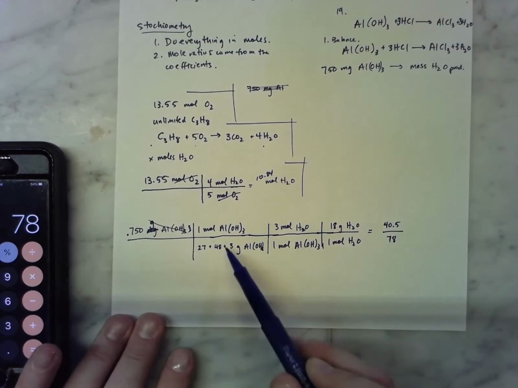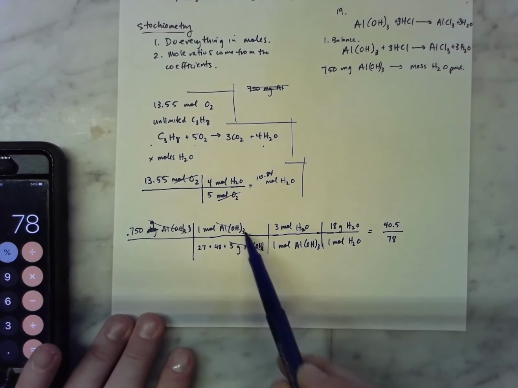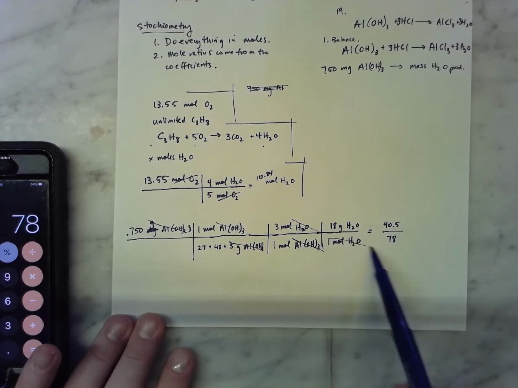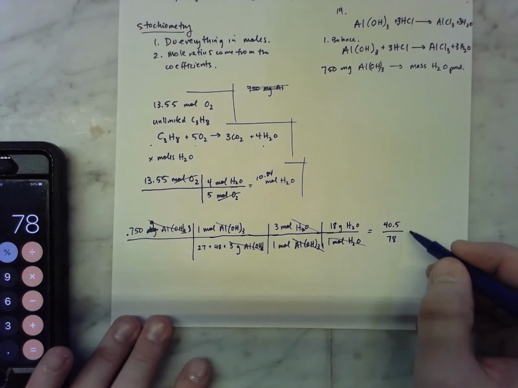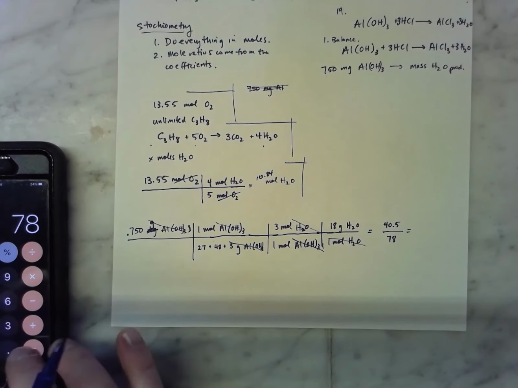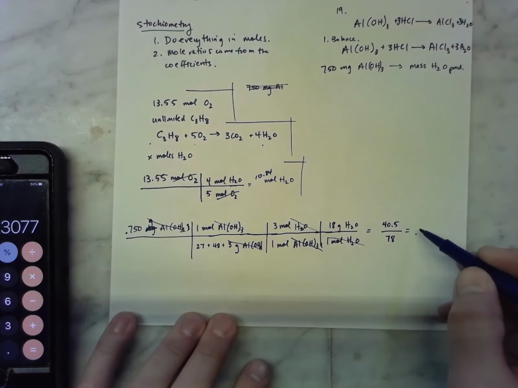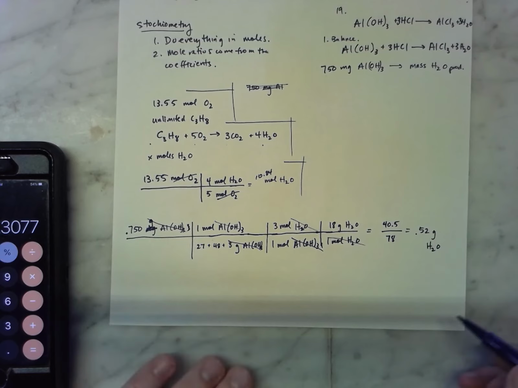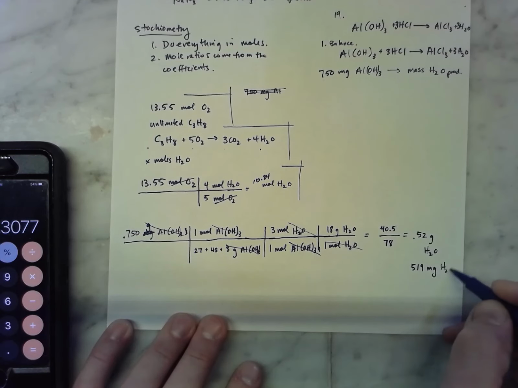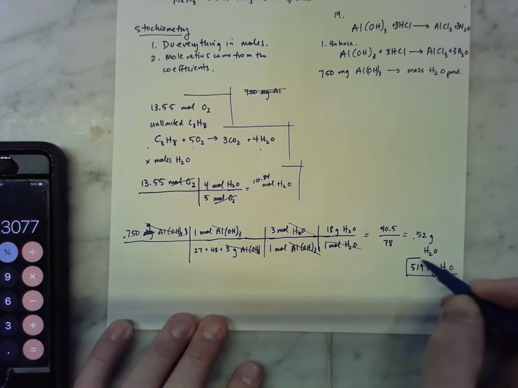Grams aluminum hydroxide, moles aluminum hydroxide, moles aluminum hydroxide, moles of water, and we're left with grams of water. So we then just plug that into our calculator, and we get 0.52 grams of H2O. And if it had been specific, we could say 519 milligrams of H2O.